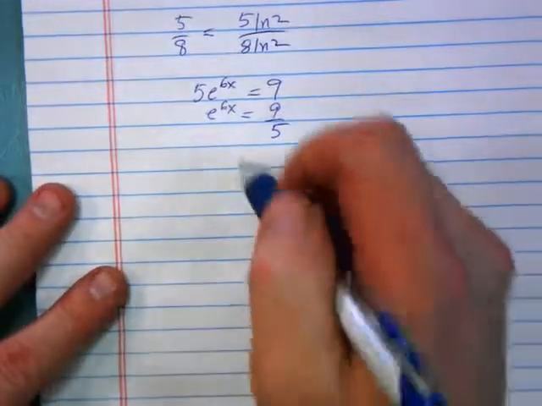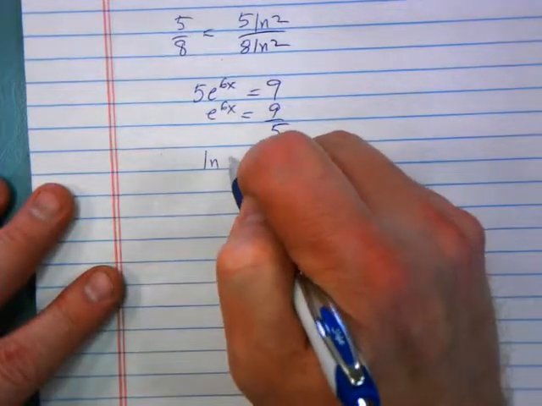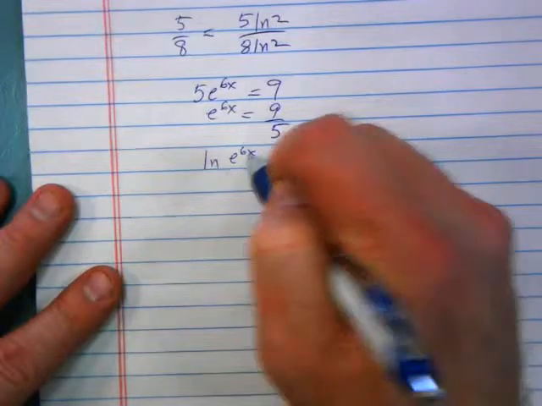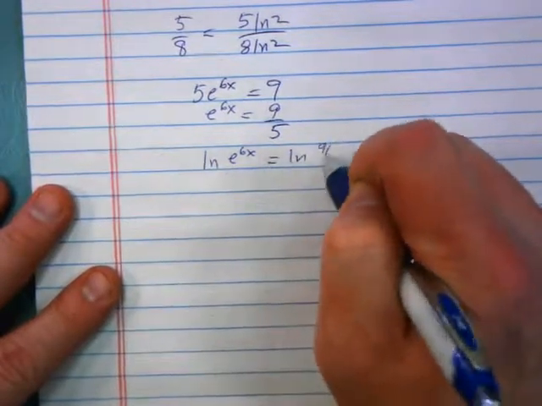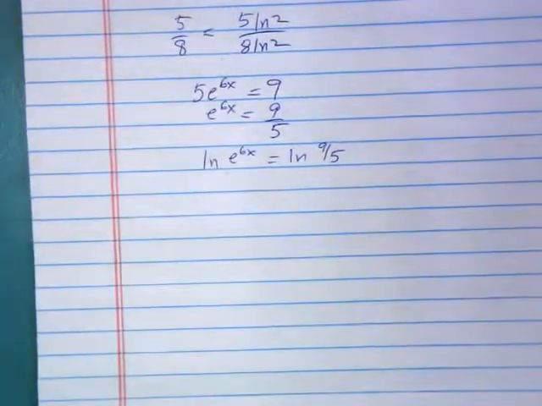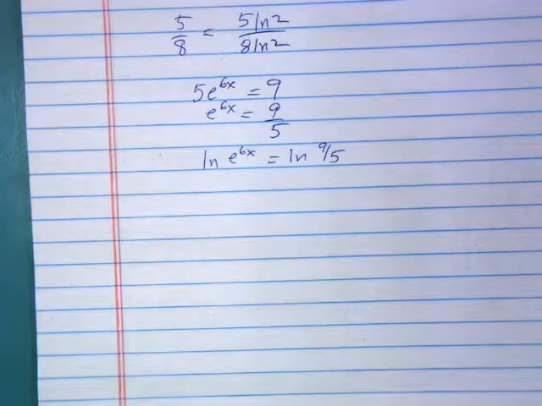And then we would apply ln on both sides. It's not really a multiply because ln's not a number, it's a function. And then the important thing is, what do ln and e to a power do to each other? They reduce each other. They're opposite, they're inverse functions. So ln of e to the 6x is 6x.